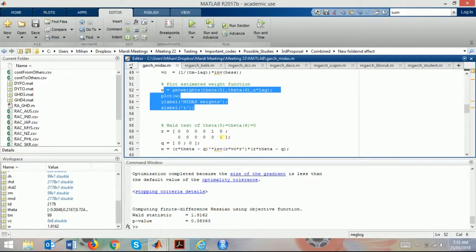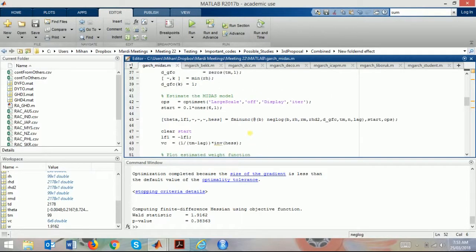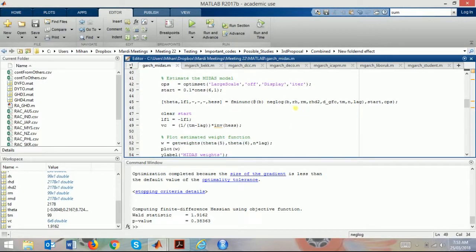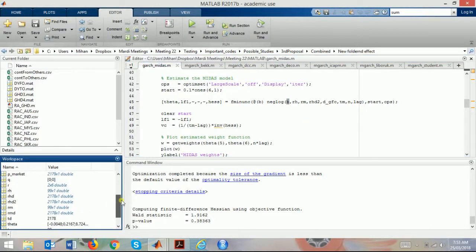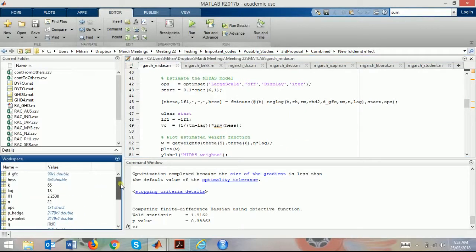So when theta 5, theta 6, alpha 1, alpha 2 equals 0. So when we optimize, we don't get V here. V is none of our concern. We want the theta parameters. We get everything actually: RH, RM, everything that we want. RH, RM, beautiful. RG2, DGF, CTM and lag, everything that we need, and all the theta parameters in V.